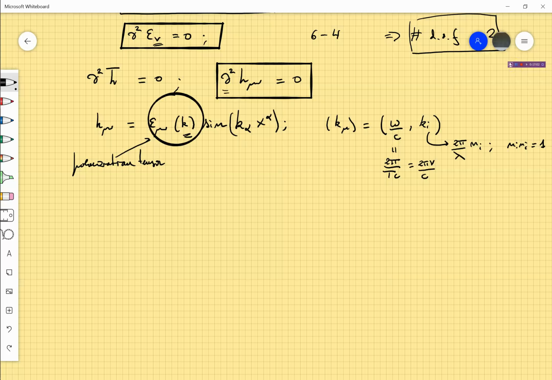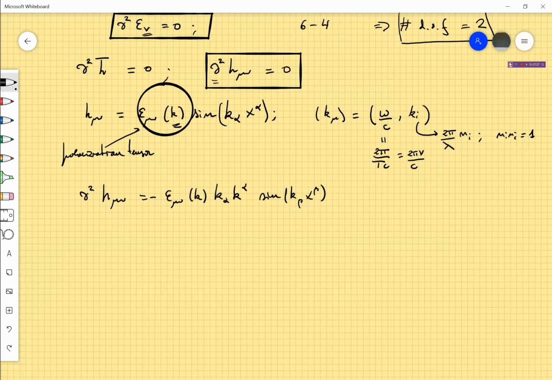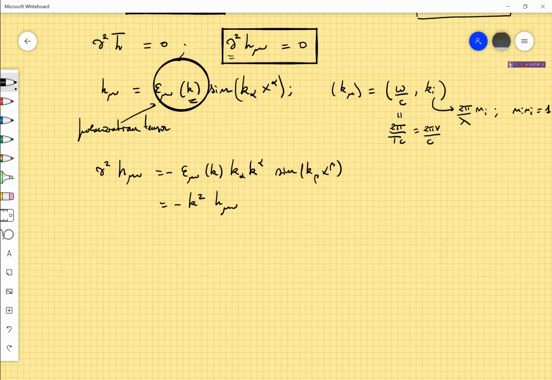These two k's are contracted because this is the D'Alembertian, the indices are contracted. So you find that the D'Alembertian of h mu nu is minus epsilon mu nu times k alpha k alpha times sine of k beta x beta, or if you want, minus k squared h mu nu. So the condition for this to be a solution is that k squared is a null vector.